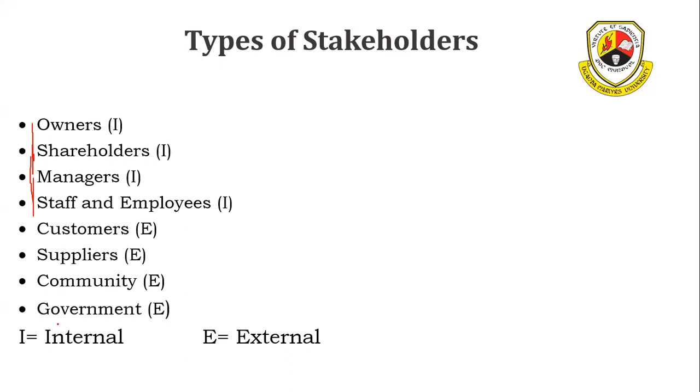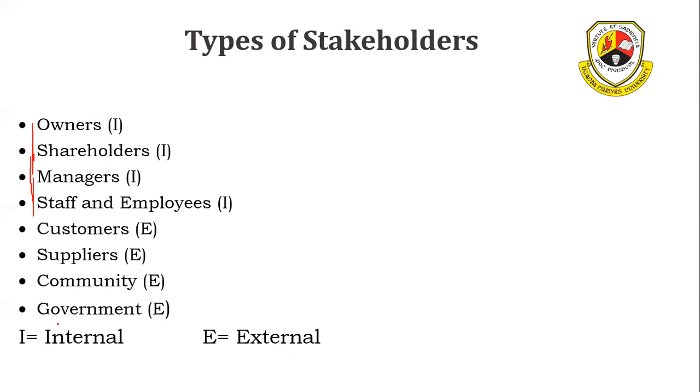Now you may say government, how? Usually government, remember when we looked at strategy, we talked about the external environment and how the external environment comes into affect strategy. How? The law, for example, an existing law will affect the way an organization operates.